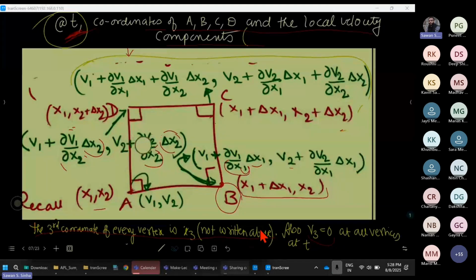All right. So once we have understood all the quantities that I have written on this slide, we should be able to find the coordinates of A, B, and D, for that matter even C, at t plus delta t, next time instant.